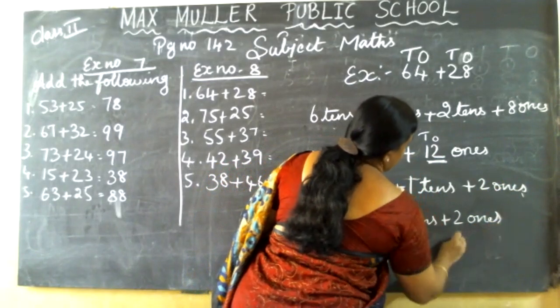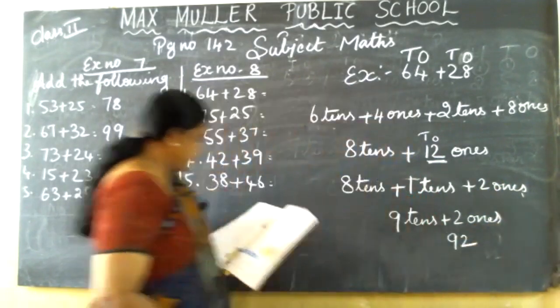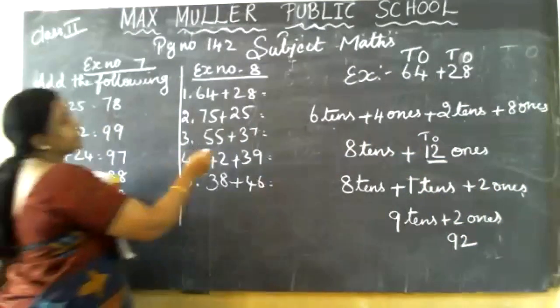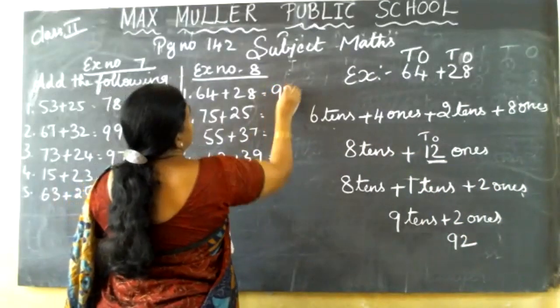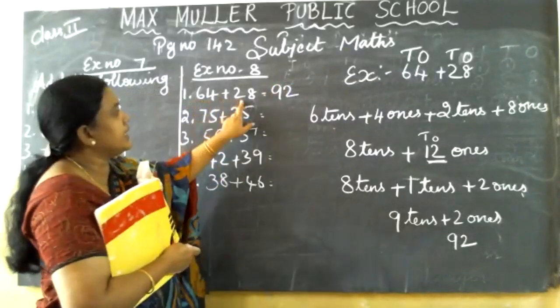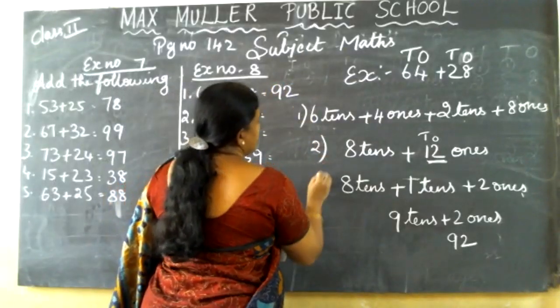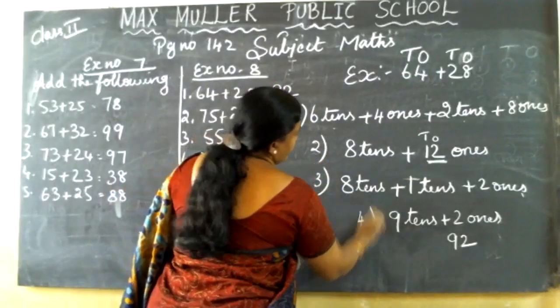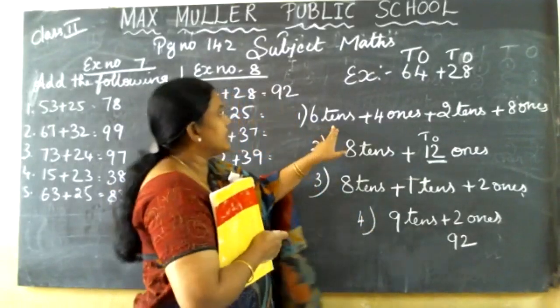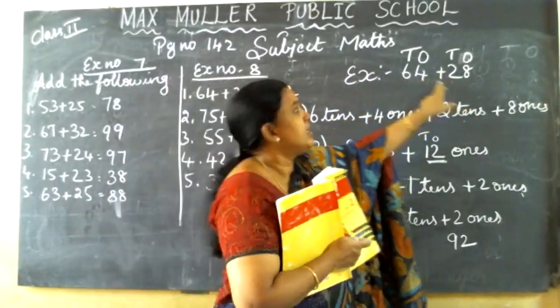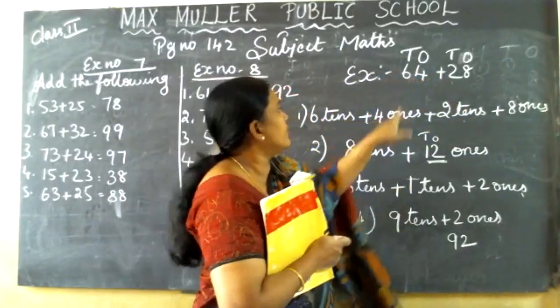Answer is 92. Understood? First one is 92. 64 plus 28. First step, second step, third step, fourth step. Listen properly, children. Here 64, here 28. 6 tens, 4 ones.